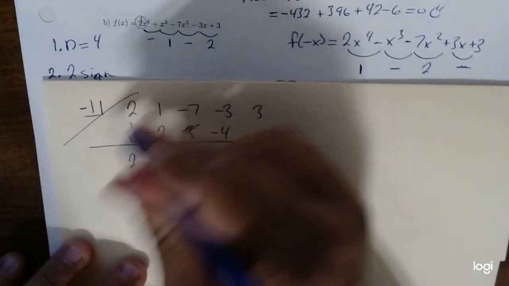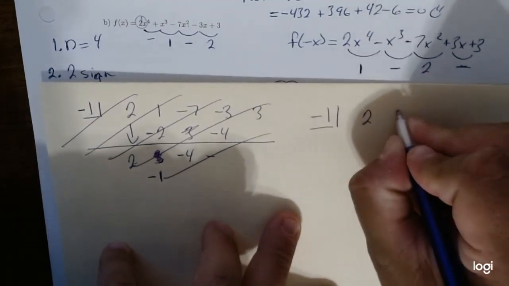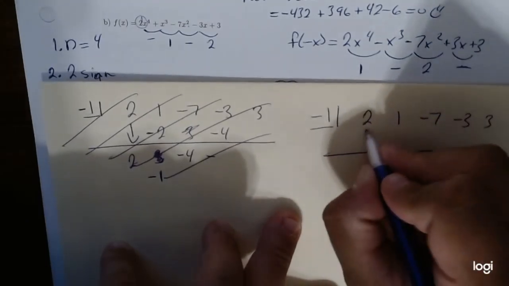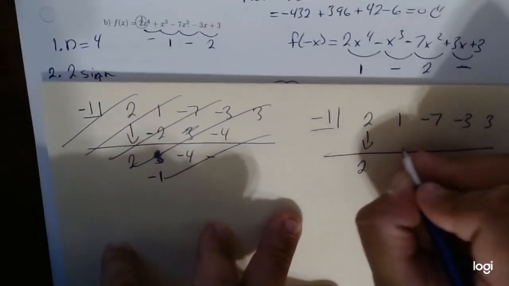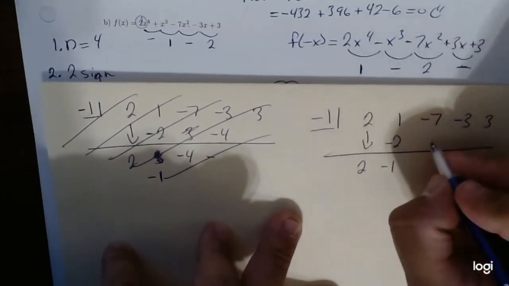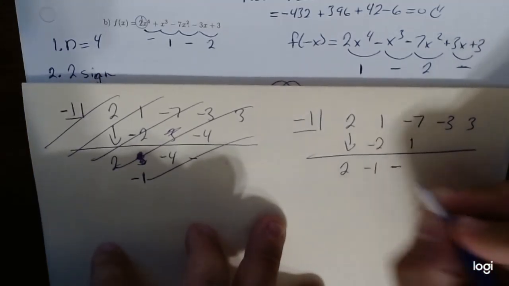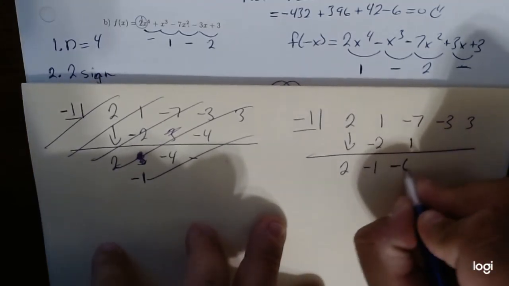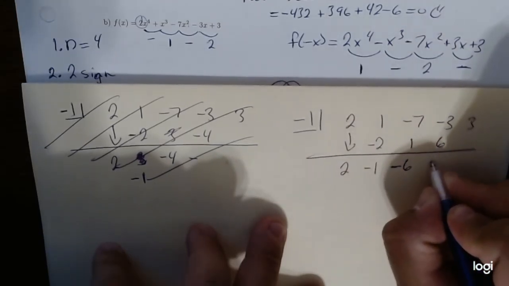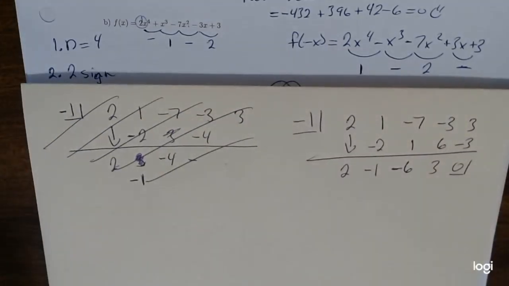Let me just start over. Minus this 1. Negative 6. That gives us 6. That's 3. And there we go. Okay, all right, so that's synthetic division.